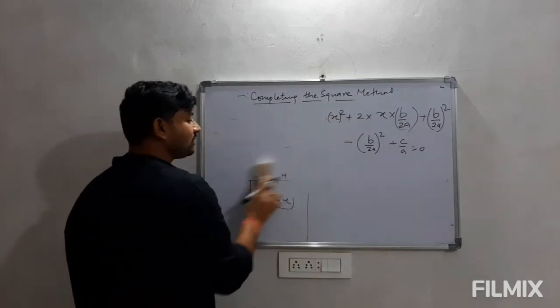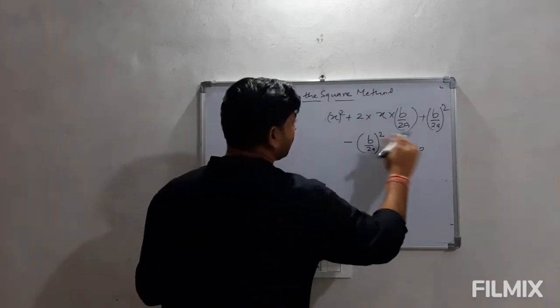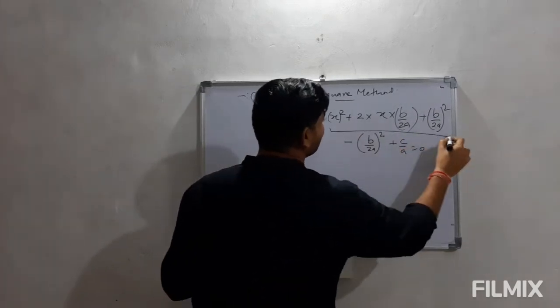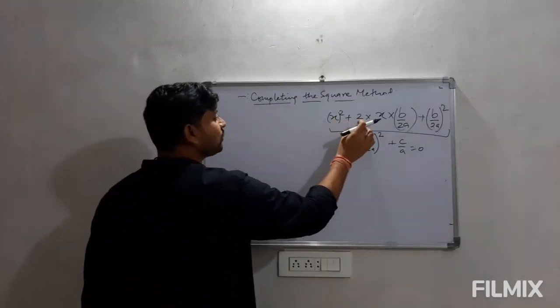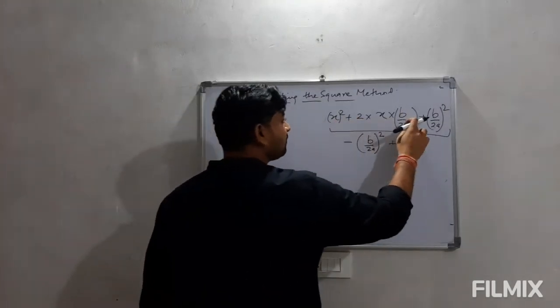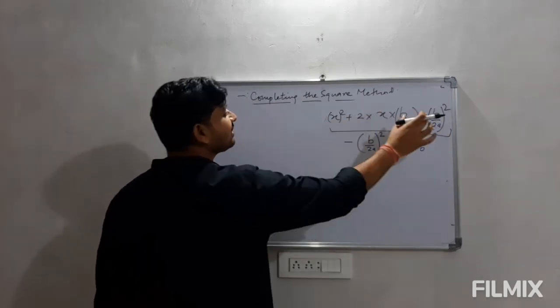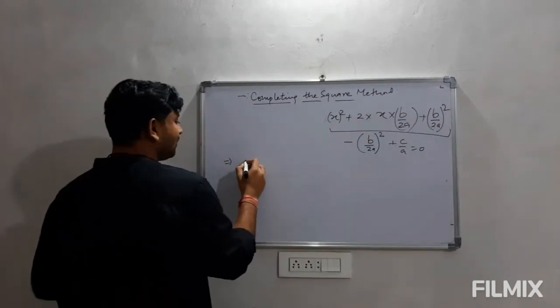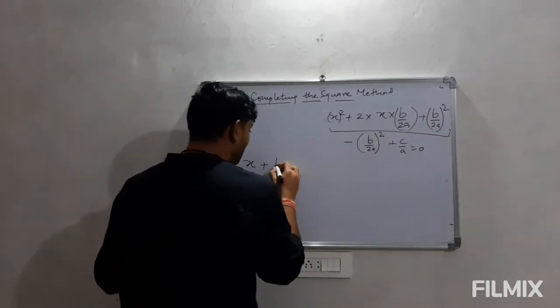So we will proceed further now. When we look at this whole expression, from these three terms what are we getting? First term square plus 2 into first term into second term plus second term square. This is nothing but first term plus second term whole square. That is, the first term here is x, and the second term, the value of y, was b upon 2a.